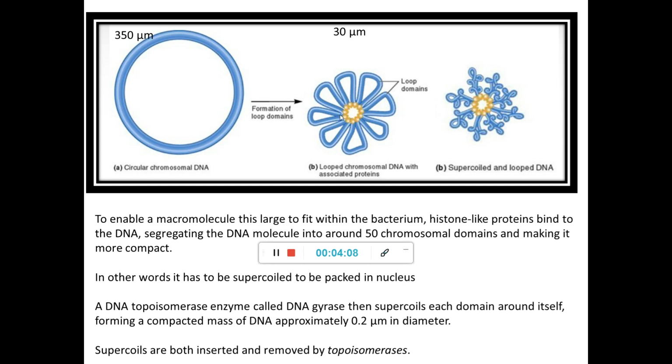And these people who we expect to pull are histone-like proteins. In the case of bacteria, of course you cannot have people in the story, but these are histone-like proteins which mainly act on the DNA and pull it towards the center, forming certain loop domains.